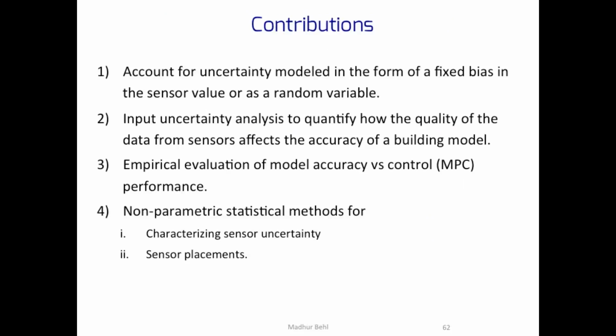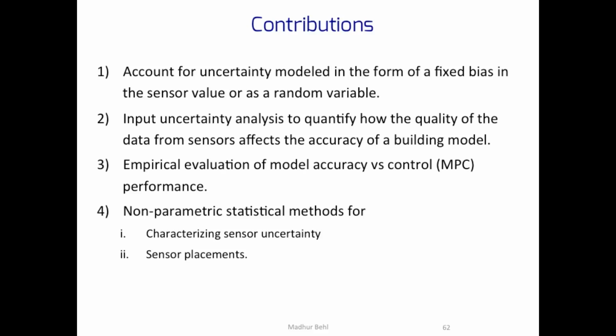So the contributions for this first part of the problem are the following. I've come up with ways in which I can quantify the uncertainty in the sensor data, in the form of fixed biases or as a random uncertainty, and developed this input uncertainty analysis to quantify how data quality influences the accuracy of a model-based controller.